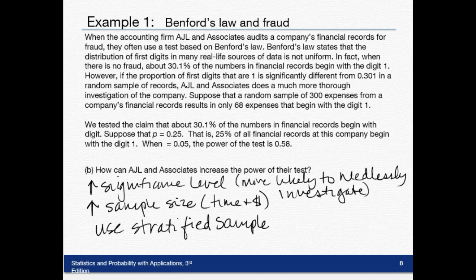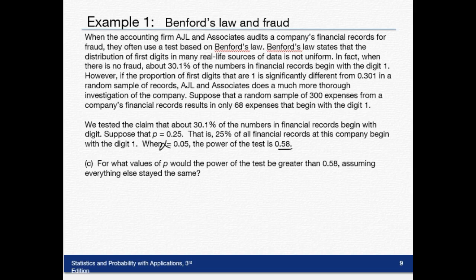And again, a downside of sampling so strategically could be time and money. Now, I know this question didn't ask you for the downside, but I want you to always think of it that way. All right, lastly, for what values of p would the power of the test be greater than 0.58, assuming everything else stayed the same?